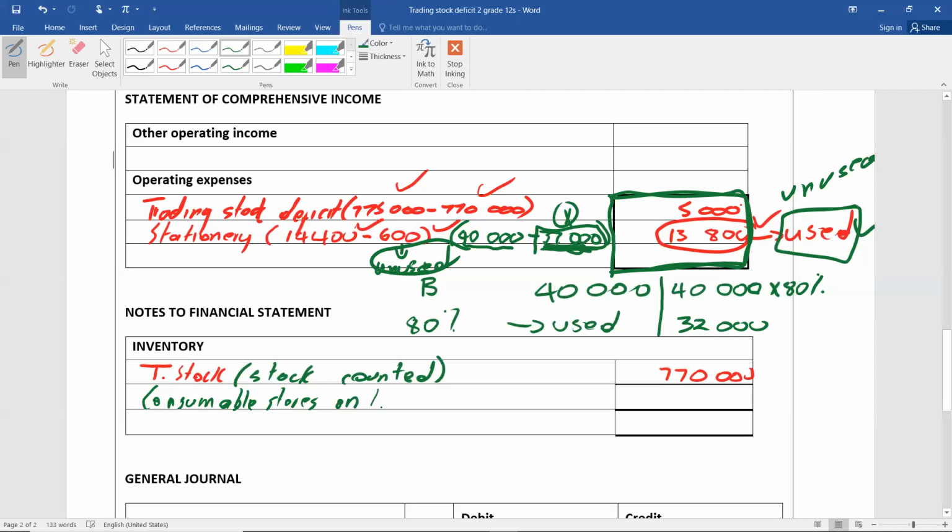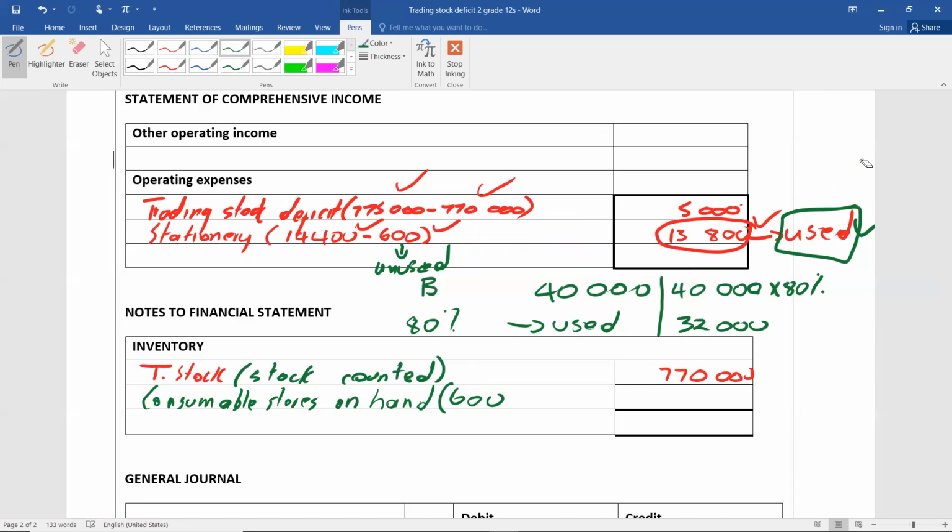On hand. Thank you. And then with respect to stationery, I will have the 600 Rand. Ignore everything that I've written there because I was just trying to explain what makes me angry at times. Because guys, I teach you proper stuff.